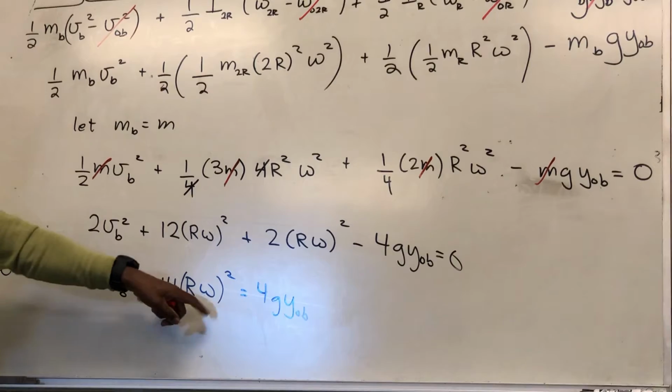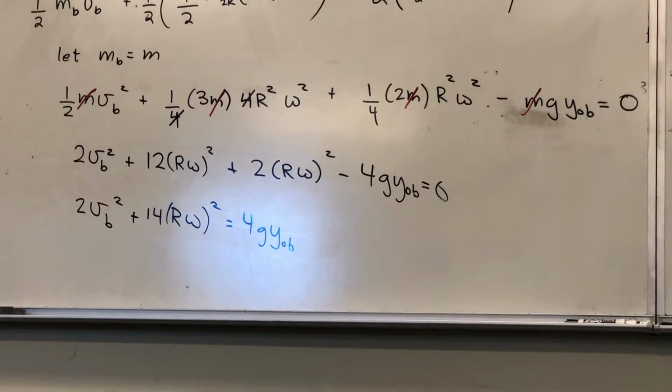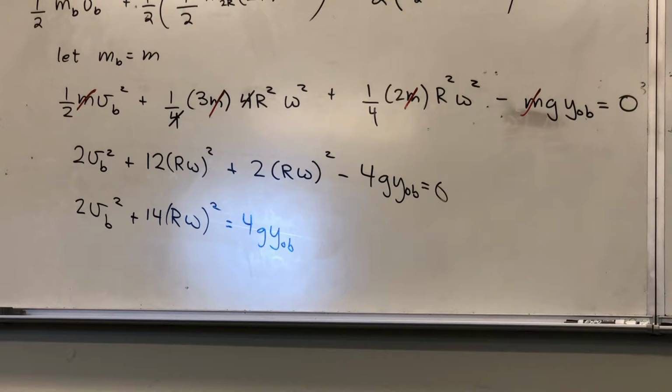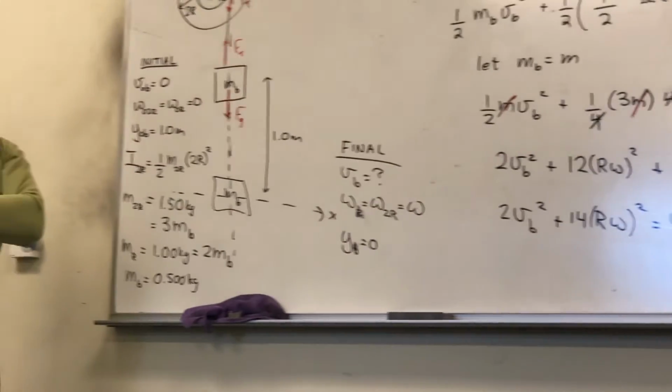What do you think R omega is equal to? Velocity. Speed of what? Why, though? Because R and omega correspond to this disk, not to the block. Because you consider it as one system, so the block will move at one speed, the disk will move at the same speed.